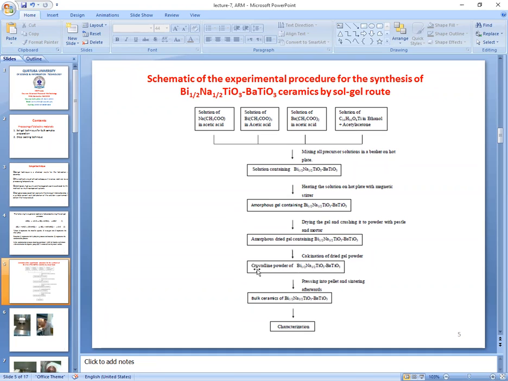After that, we obtain fine powder, press it into pellets and sinter afterward. We shape it in the form of pellets or rods, whatever we need.